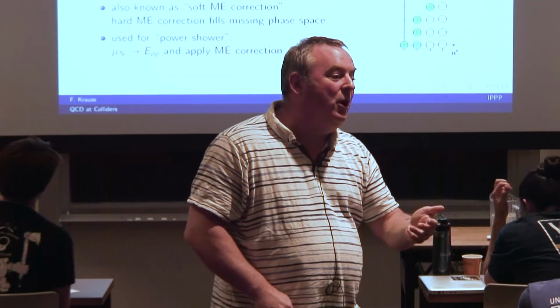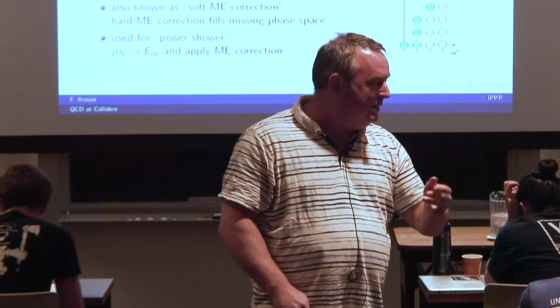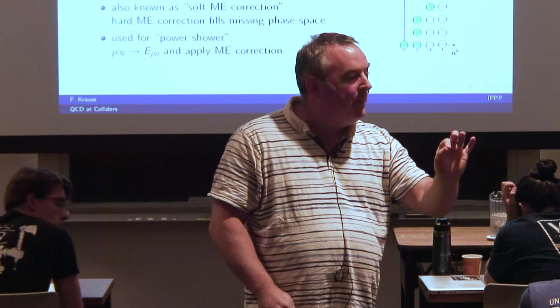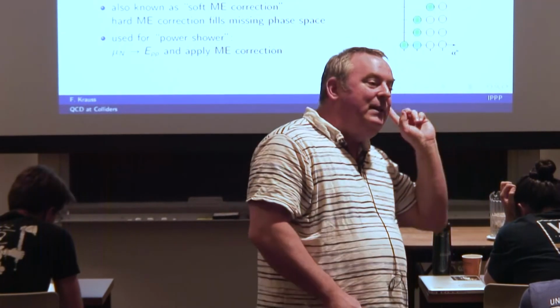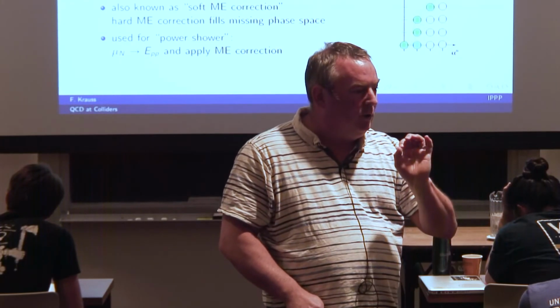And in fact, for experimenters, quite often it doesn't really matter what the overall rate is, because they adjust the overall rate to their measurement. Yeah? Exactly, it's just a normalization. So at that level, the next leading order correction is just a normalization factor.